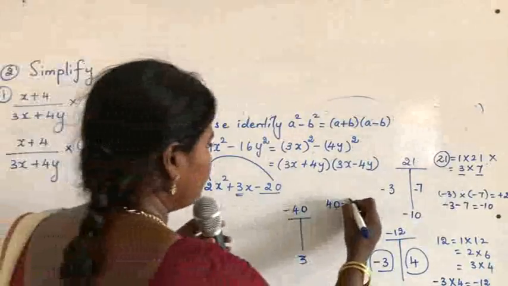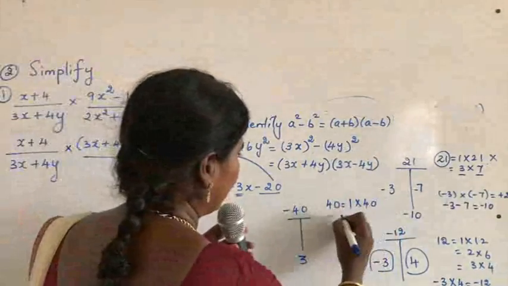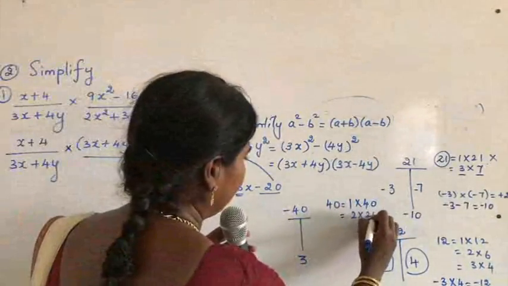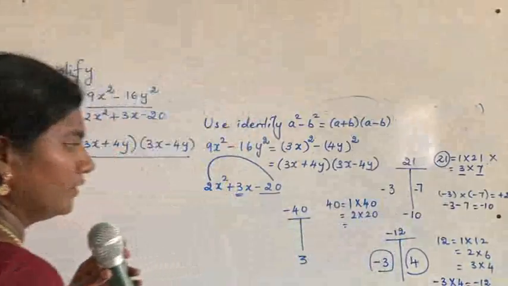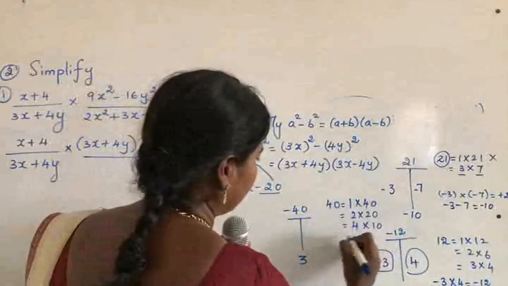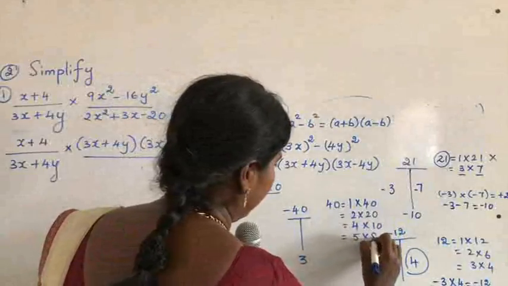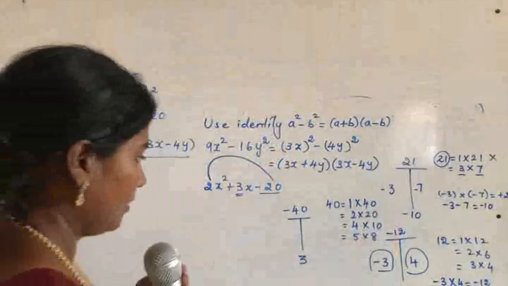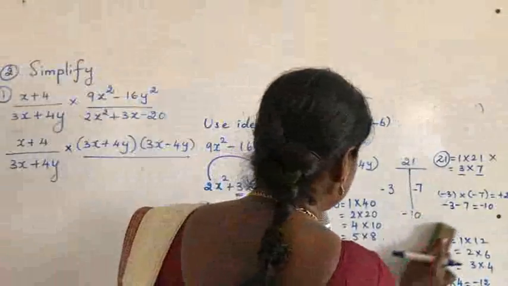So 40 becomes 1 into 40. You have 2 into 20. Then 4 into 10, 5 into 8. I hope this much is enough.